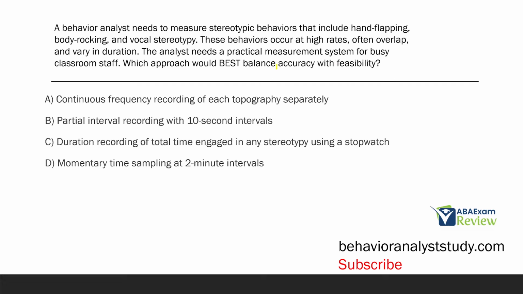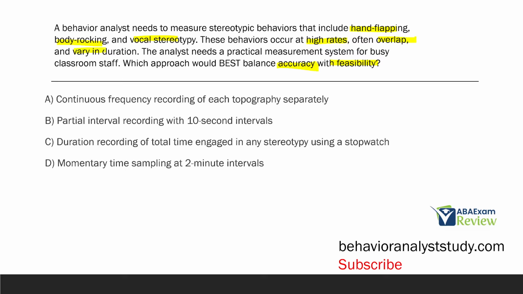We're trying here to do what? We want accurate data, right, to make good decisions, but it also has to be feasible. And if we have an analyst who is measuring hand flapping, body rocking, and vocal stereotypy at high rates, we have a situation with several topographies of behavior that are occurring really often and overlapping, and then have varying durations.